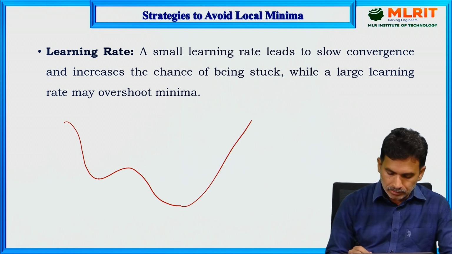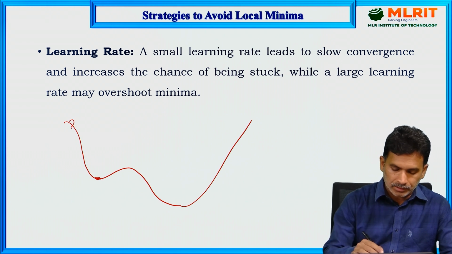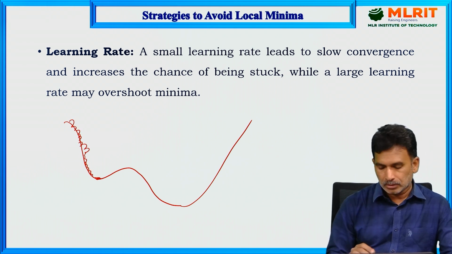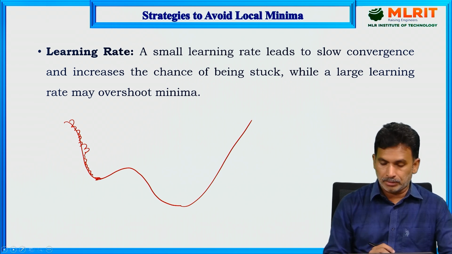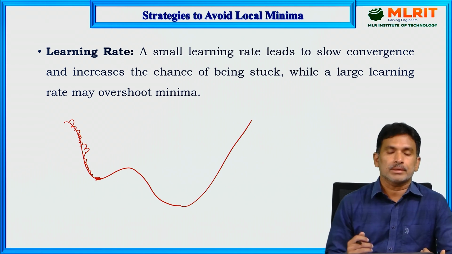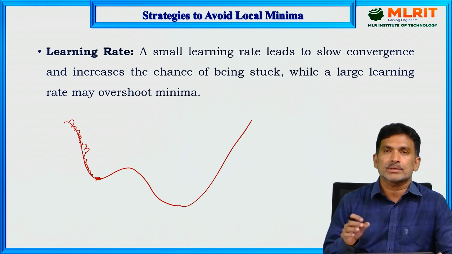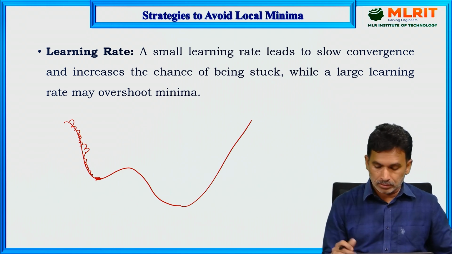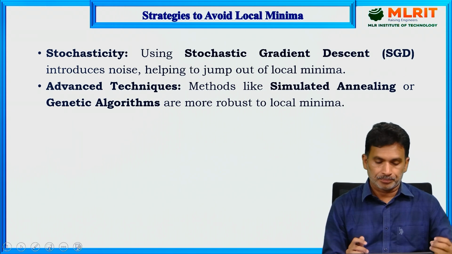It may get trapped in this local minima if the learning rate is very small. Learning rate is the size of the steps. So a small learning rate leads to slow convergence and increases the chances of being stuck, while a high learning rate may overshoot the minimum.